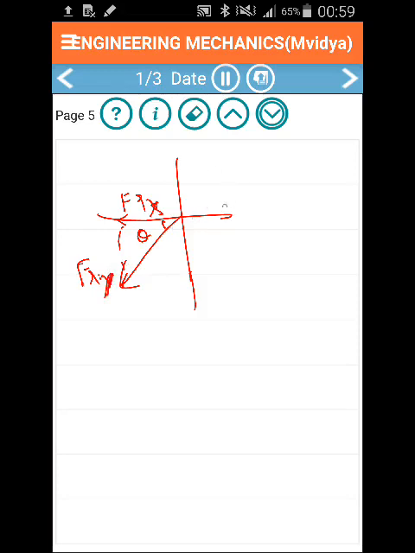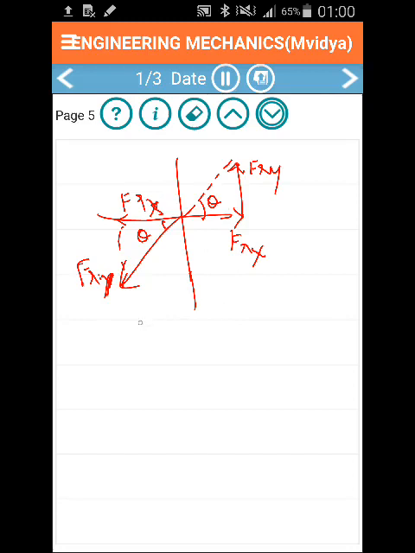So I can extend the same on this side. So this is my FRy and FRx.